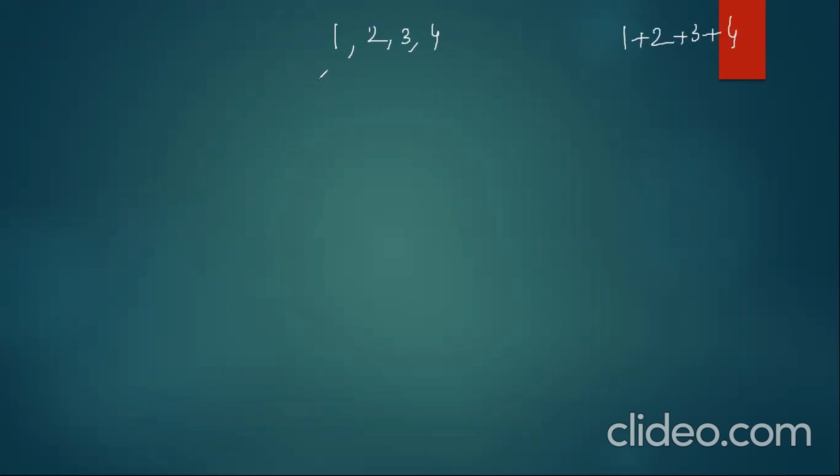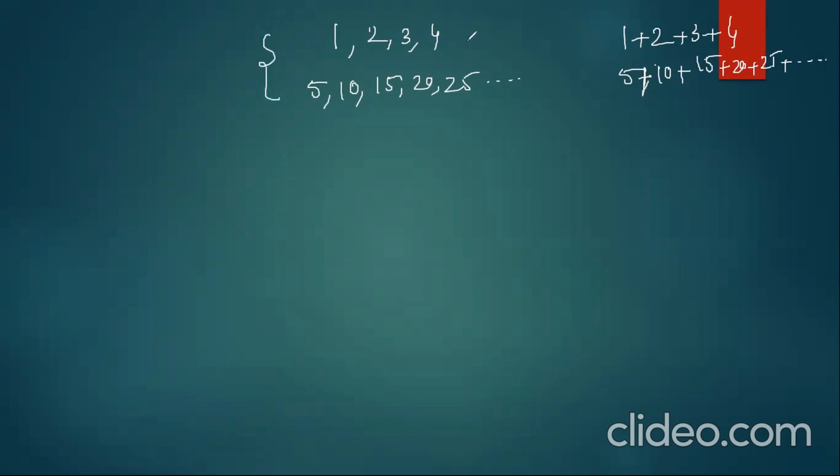Next 5, 10, 15, 20, 25, this is one pattern, and 5 plus 10 plus 15 plus 20 plus 25 plus so on. What is the difference between the first one and the second one? You observe.